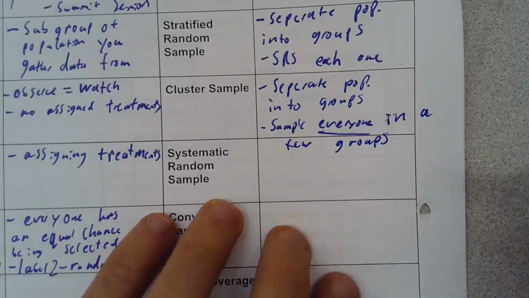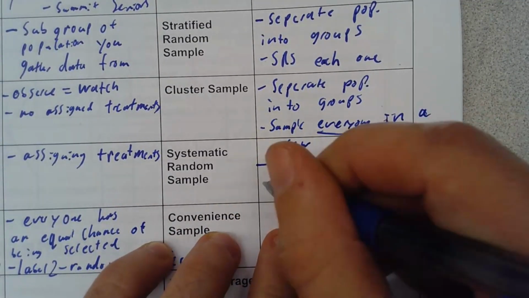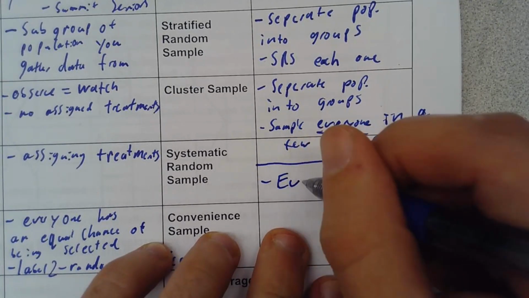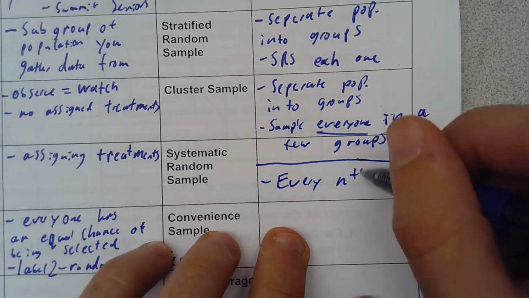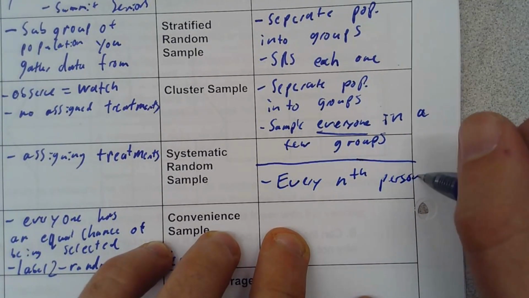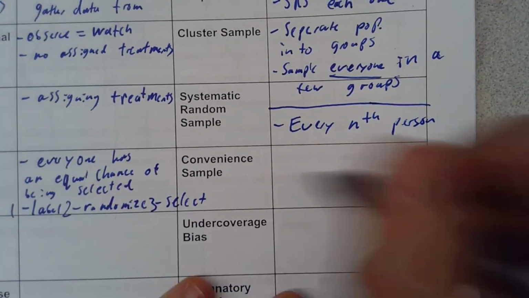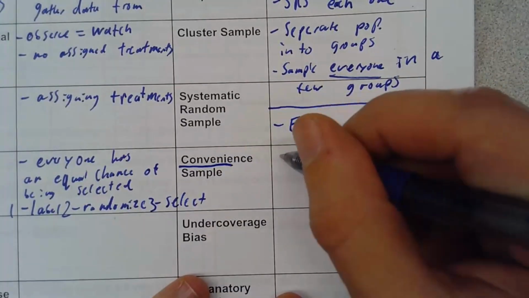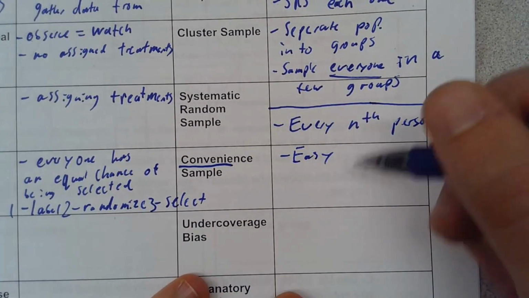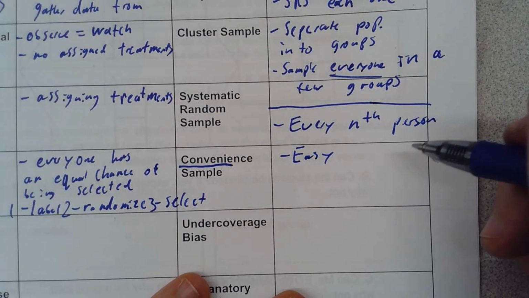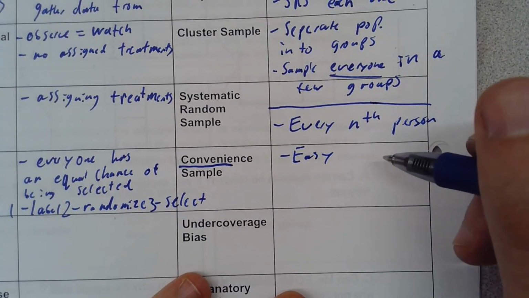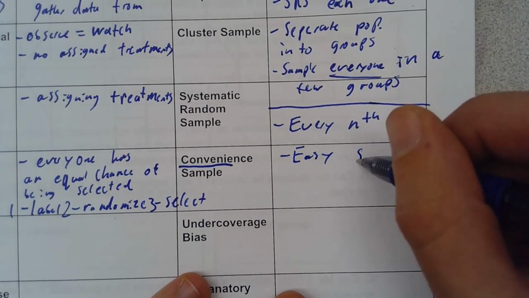Okay. Systematic is like where it's every nth person, every 5th or every 6th, whatever, you know. Convenience, like convenience store, it's like easy, right? Easy sample.